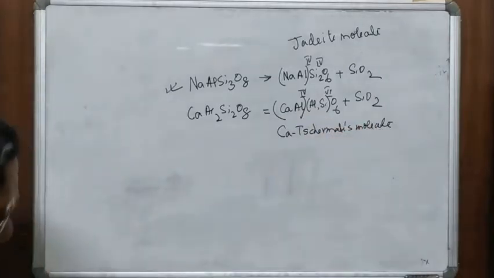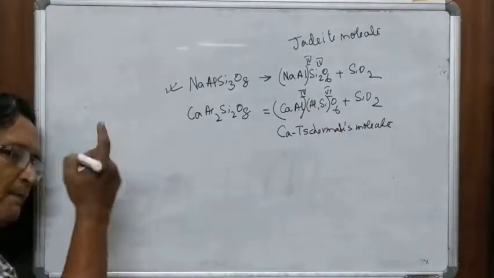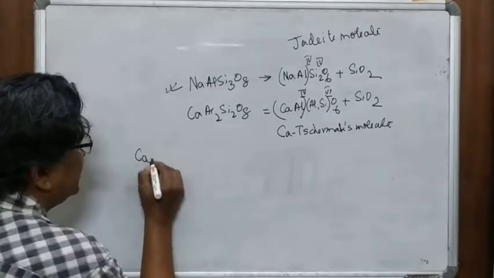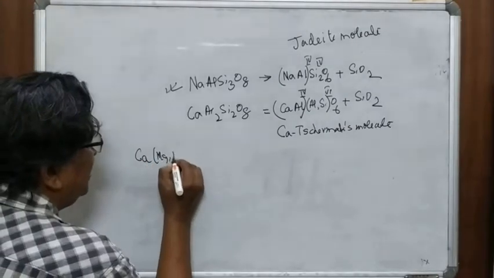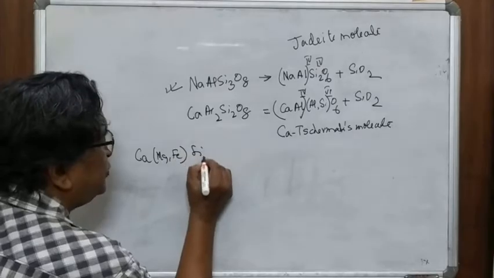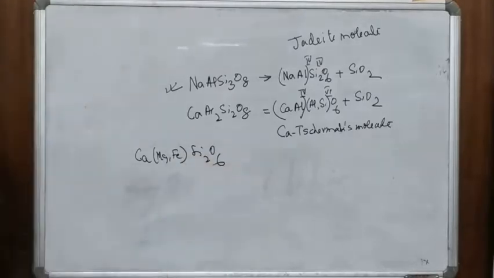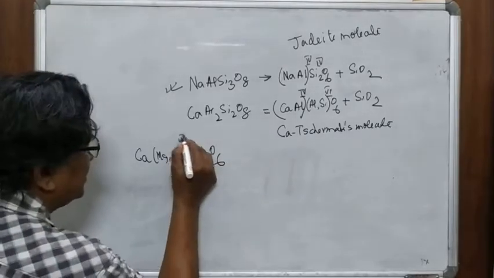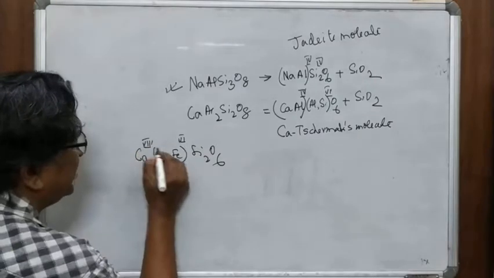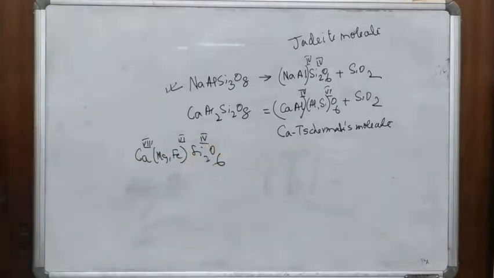So now what happens? What was your original composition of clinopyroxene? CaMgFe Si2O6. Yes or no? This was the tetrahedral side, this was the octahedral side, and this was the fourfold side.